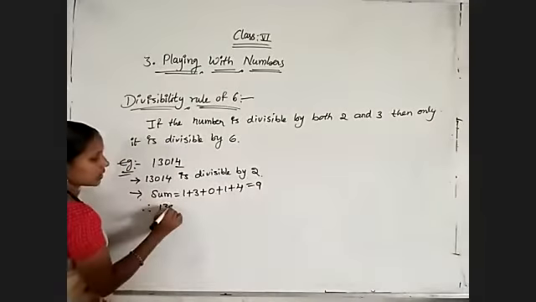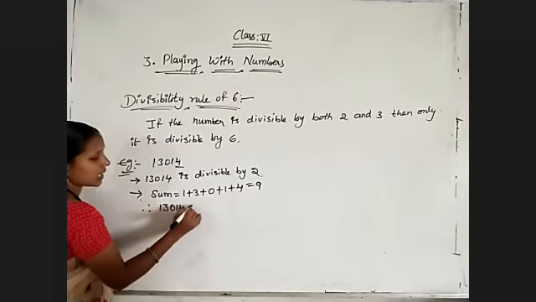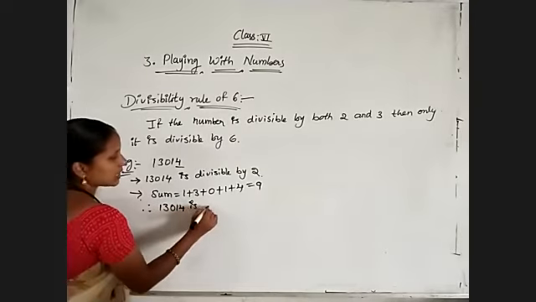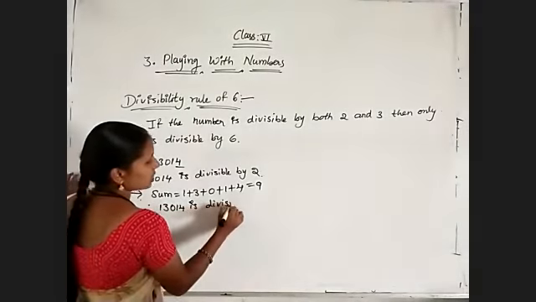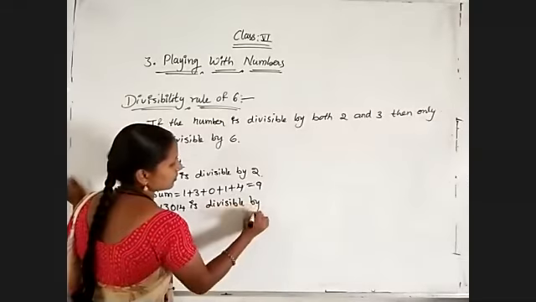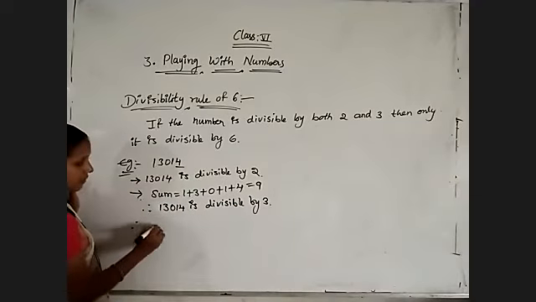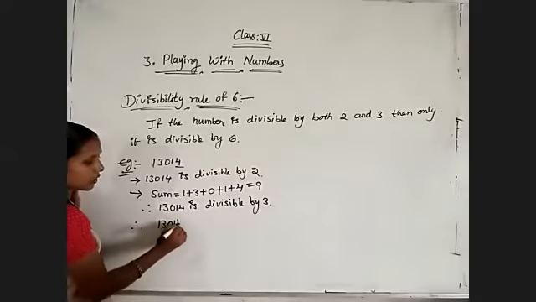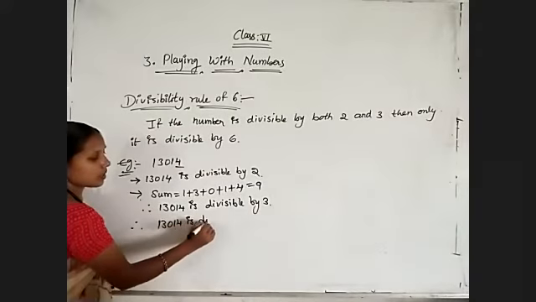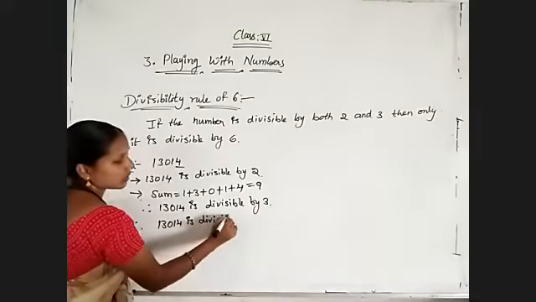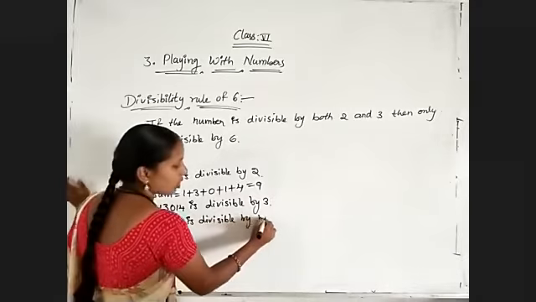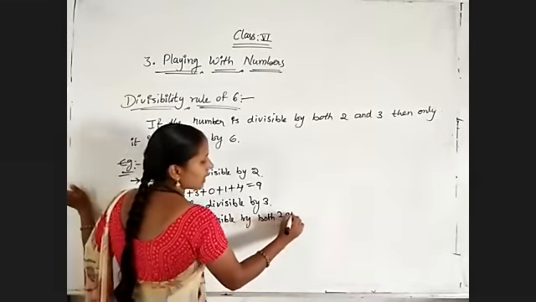So 13,014 is divisible by 3 also. Therefore, 13,014 is divisible by both 2 and 3.